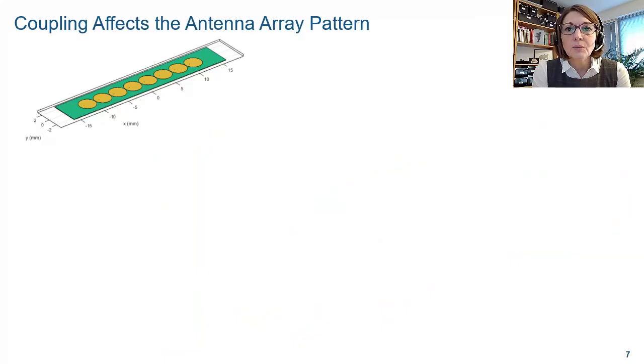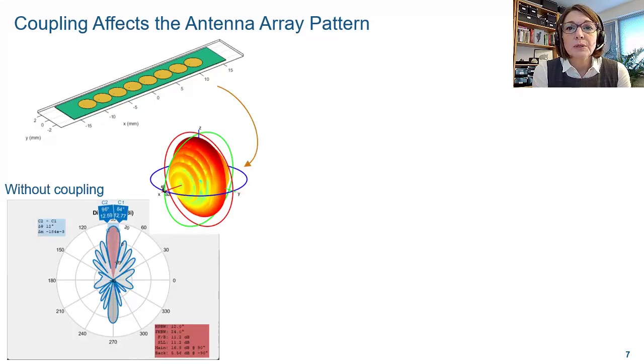Let's understand what is the impact of coupling on this specific example, an array of 8 circular patches. First, we compute the pattern of the array without coupling. How do we do that? We use the antenna toolbox in this case to compute the far field radiation pattern of a single patch located in free space.